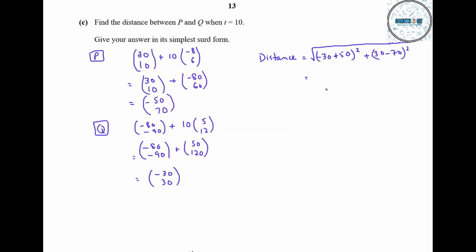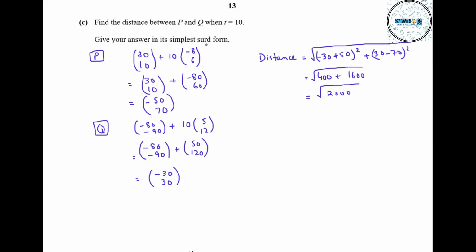So we have here 50 minus 30 is 20 and 20 square is 400. 30 minus 70 is minus 40 and minus 40 square is 1600. It is 2000.